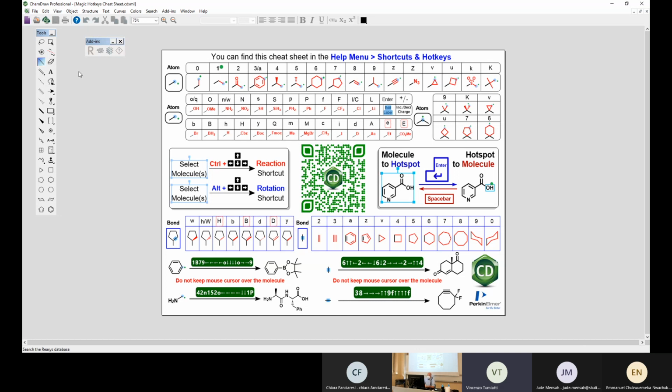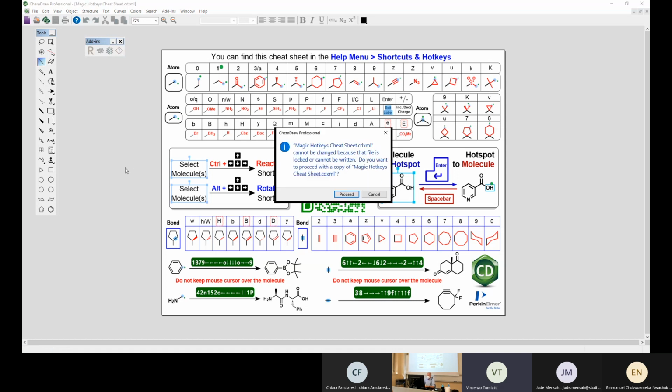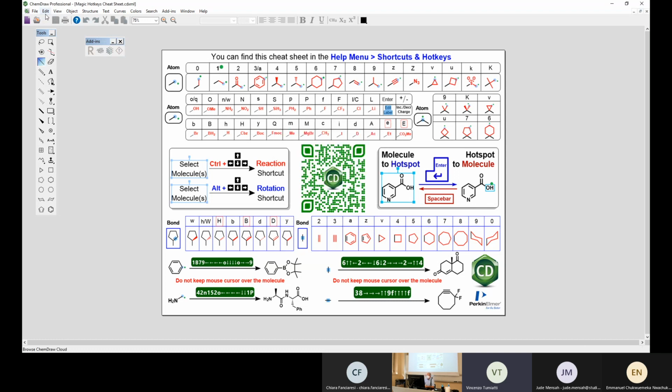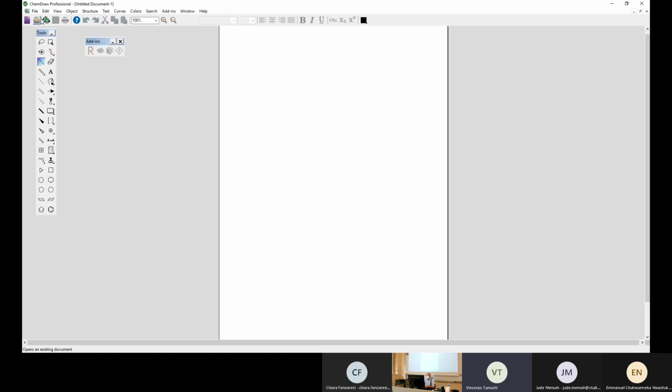Here I can show you an example. For example, you can take a benzene ring, and then you can take a methyl. We can build a very simple chemical structure.